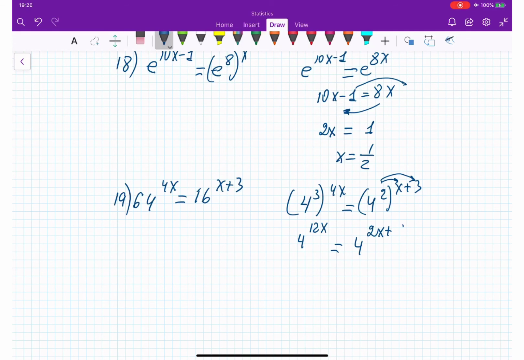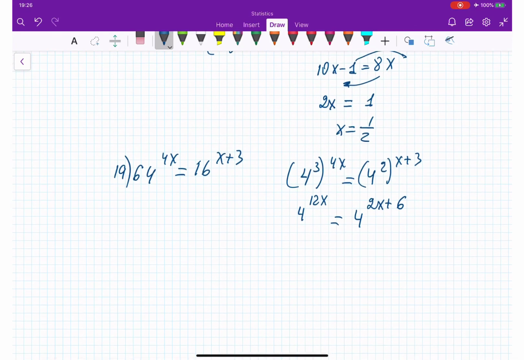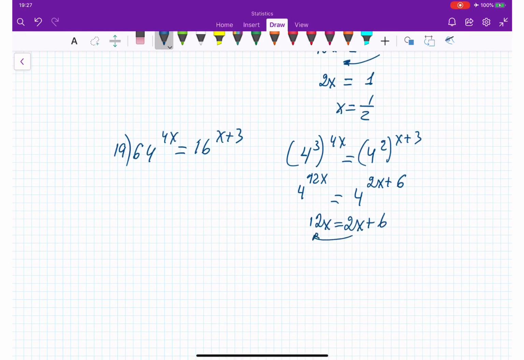Okay, so since we have 4 and 4, we can drop this base and we have 12x is equal to 2x plus 6. So 2x moving to this side will be negative 2x. 12x minus 2x, 10x equals 6.